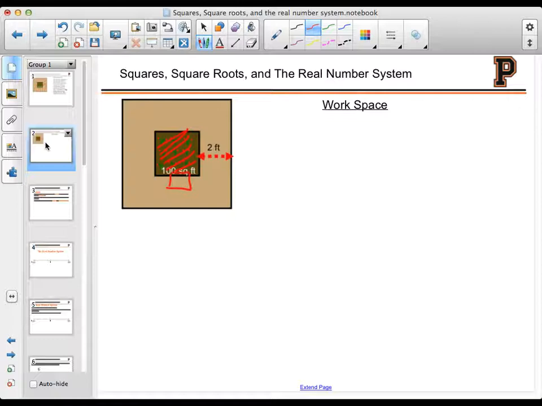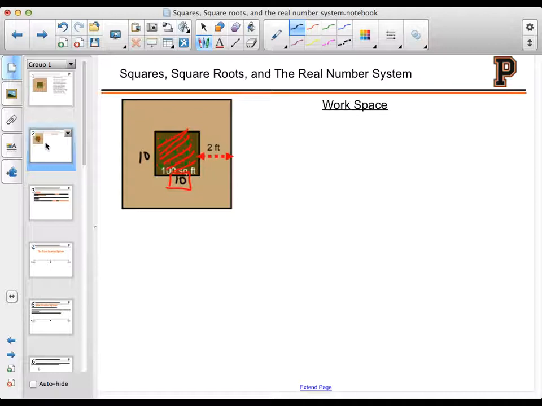If we've got a square with 100 square feet, we need to figure out the lengths. Well, this would be a 10 by 10, right? This is a 10 by 10 garden. 10 times 10, or 10 to the second power, would get us 100 square feet.